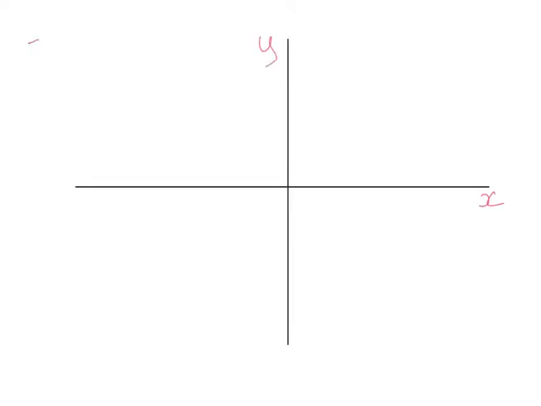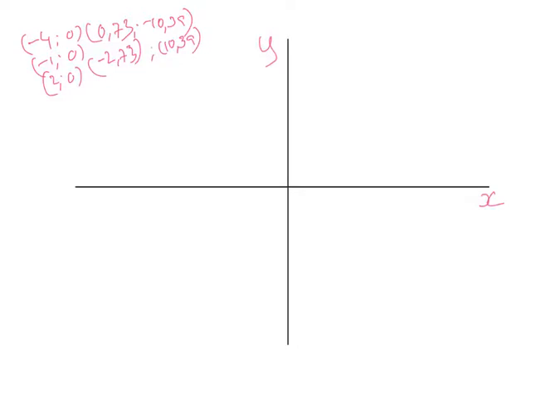We have the intercepts as (-4, 0), (-1, 0) and (2, 0). And my turning points were (0.73, -10.39) and (-2.73, 10.39). So these are my turning points and my x-intercepts.